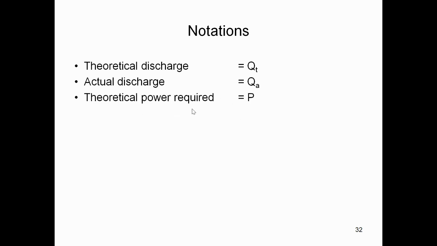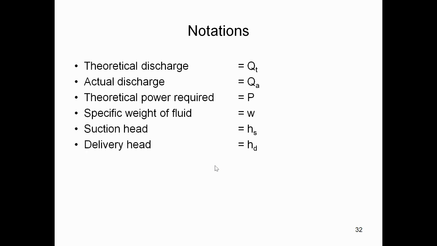Theoretical power required is equal to P, and the specific weight of fluid is equal to w. The suction head is equal to hs. Next, delivery head, small hd. Next, static lift.